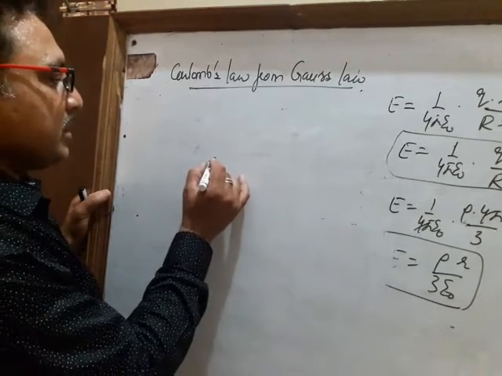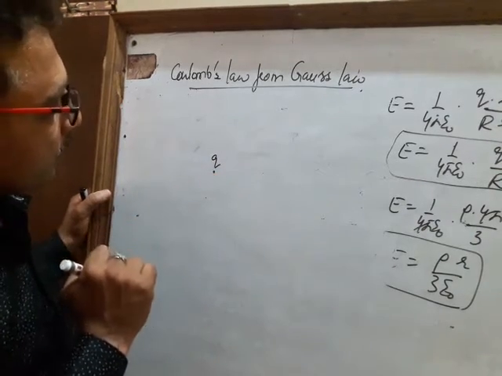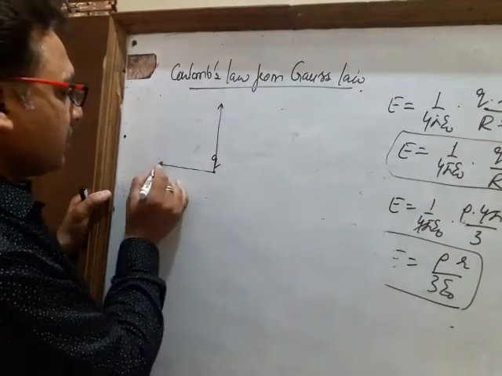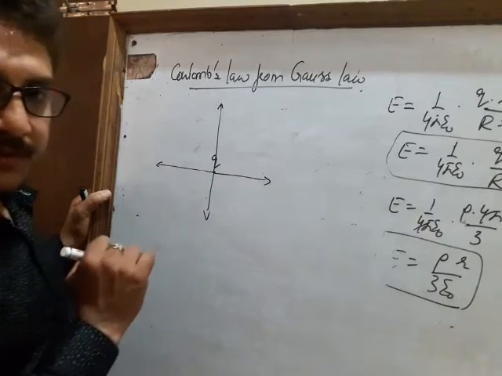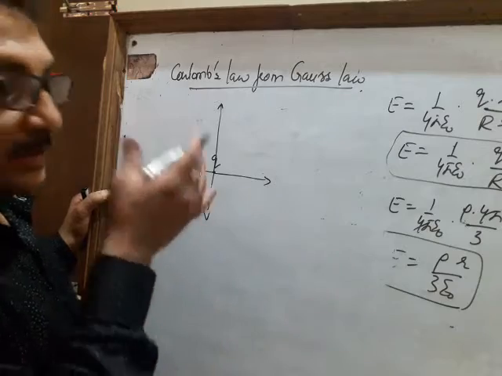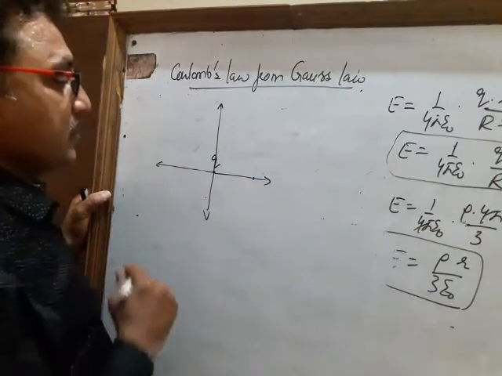So you take a point charge Q. As you know, this charge gives out flux, means electric lines of force in all directions, means the lines of force emerge out if I take it as a positive charge. Now you take a point P, suppose.